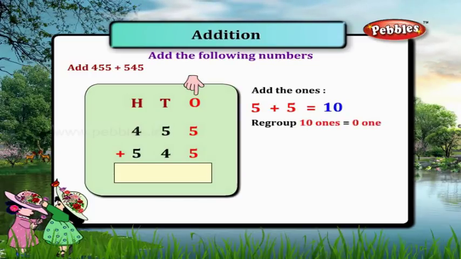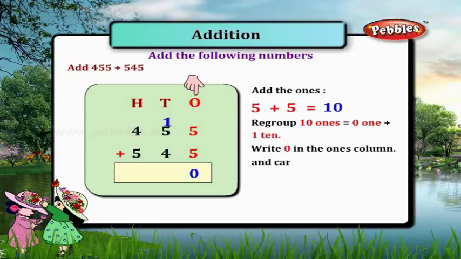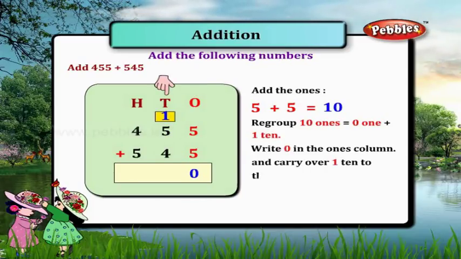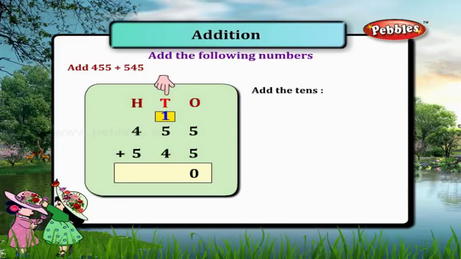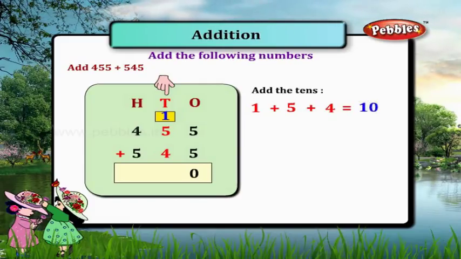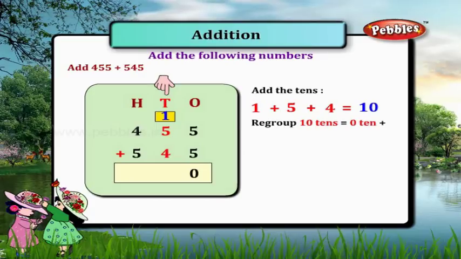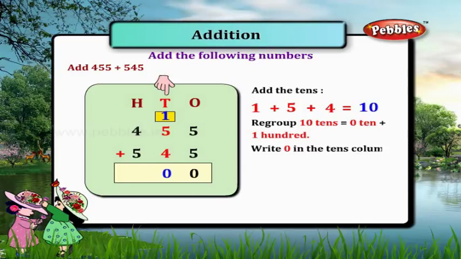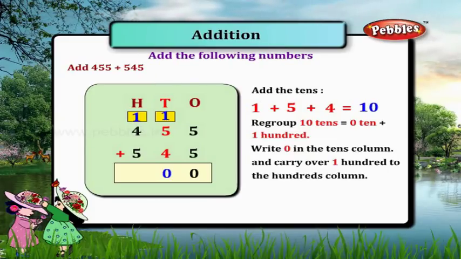Regroup 10 into 0 ones and 1 ten. Write 0 in the ones column and carry over 1 ten to the tens column. Now add the tens. 1 plus 5 plus 4 is equal to 10. Regroup 10 into 0 tens and 100. Write 0 in the tens column and carry over 100 to the hundreds column.